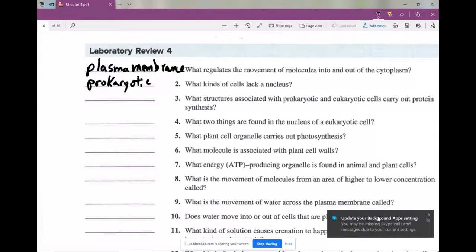What structures associated with prokaryotic and eukaryotic cells carry out protein synthesis? I didn't go over that, but I'll give you the answer. Ribosomes. Ribosomes, there you go. What two things are found in the nucleus of a eukaryotic cell?